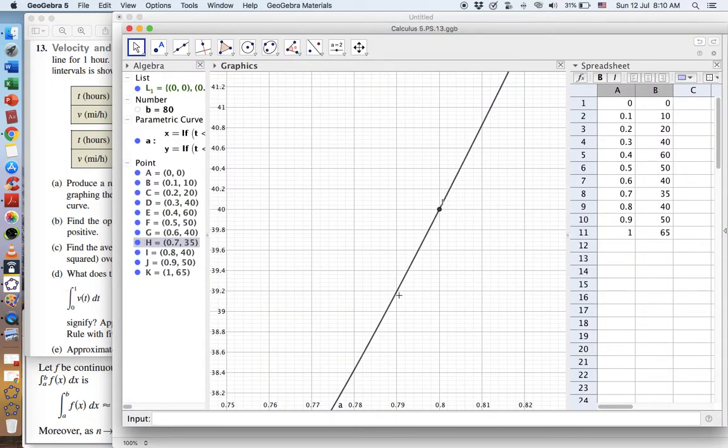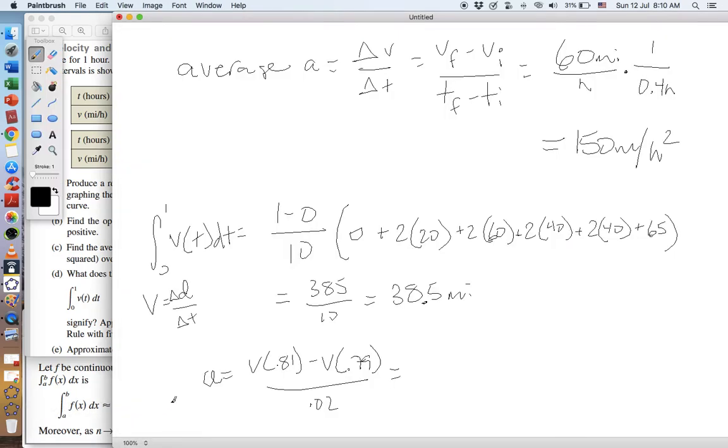So 0.79, we're at 39.2. 0.81, we're at 40.8. So we get 40.8 minus 39.2 over 0.02, which equals 80 miles per hour squared. So that's our point acceleration.